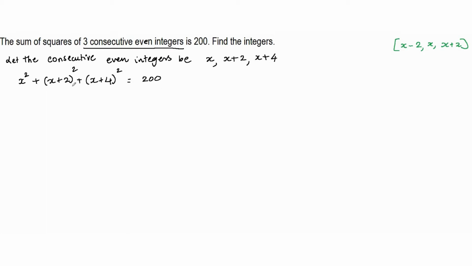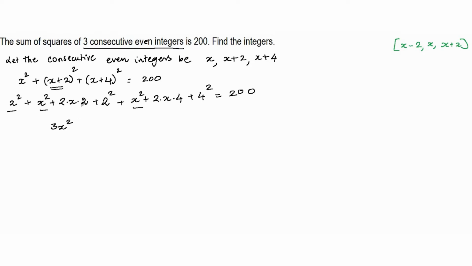And now I can simply adopt a plus b the whole square in both the brackets. So x square plus this expansion is going to be a square plus 2 times a times b plus b square, and x plus 4 the whole square is going to be a square plus 2 times a times b plus b square, is equal to 200. So now x square plus x square plus x square is 3x square. 4x plus 8x is 12x.